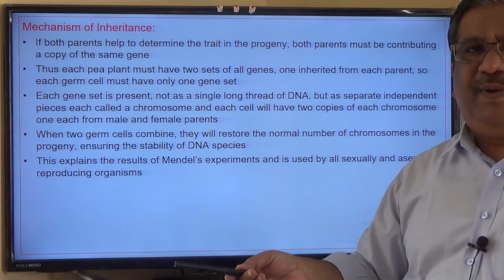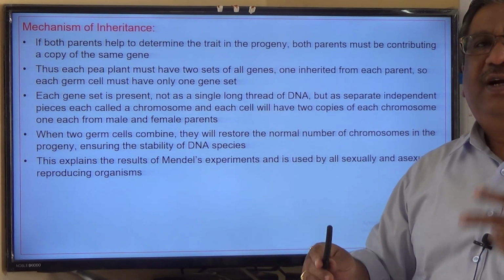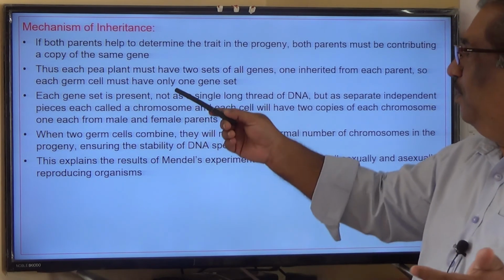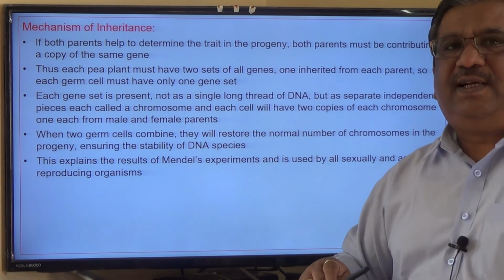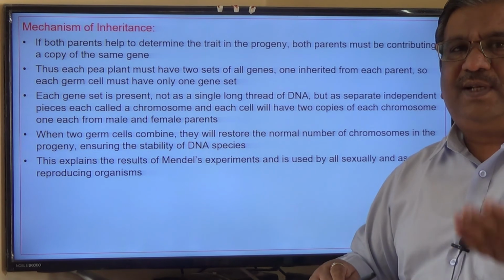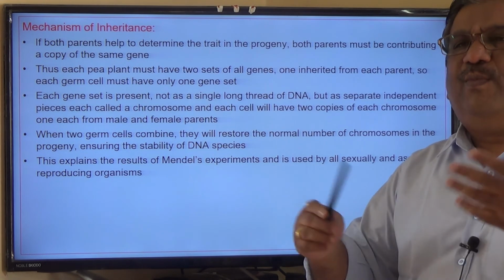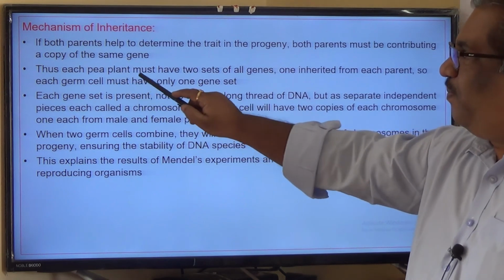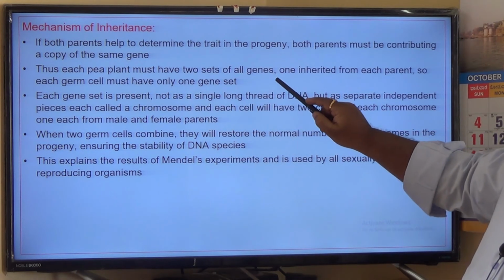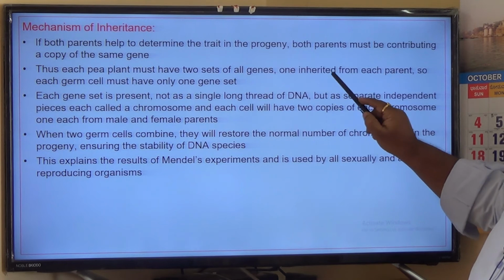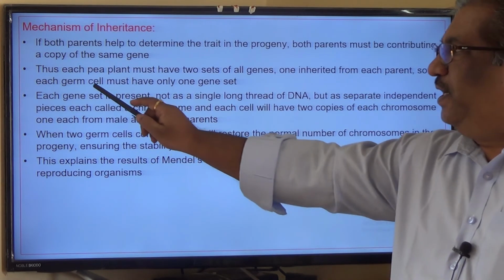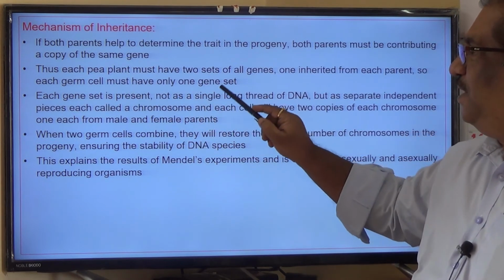Thus, each pea plant must have two sets of all genes. All the traits of the pea plant are controlled by two sets of all the genes, one set from the mother and one set from the father. So each pea plant must have two sets of all the genes, one inherited from the paternal side and one from the maternal side. So each germ cell must have only one gene set.